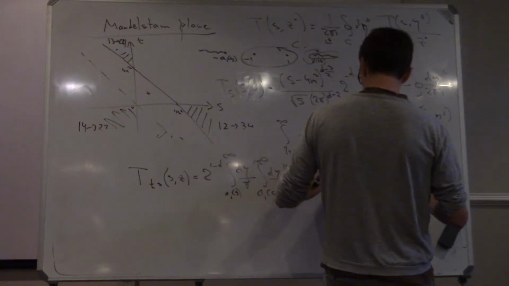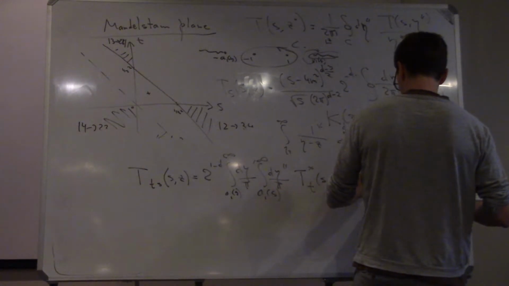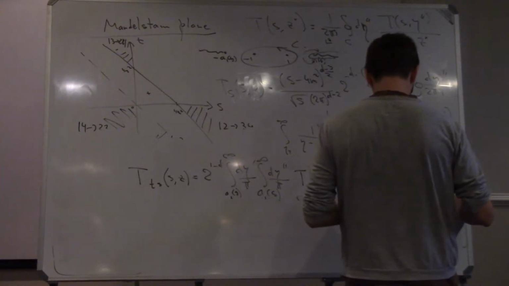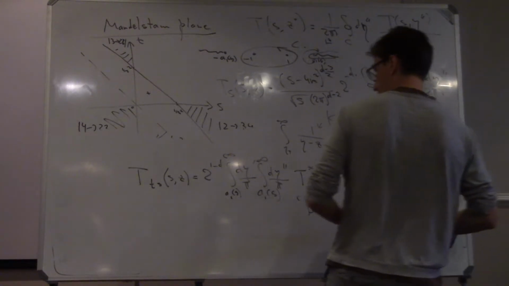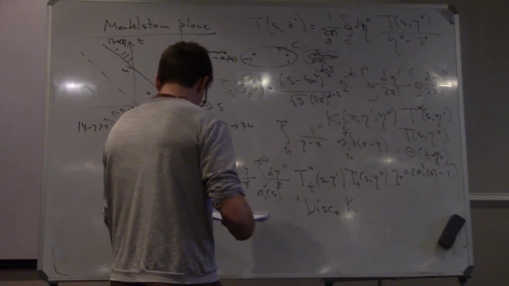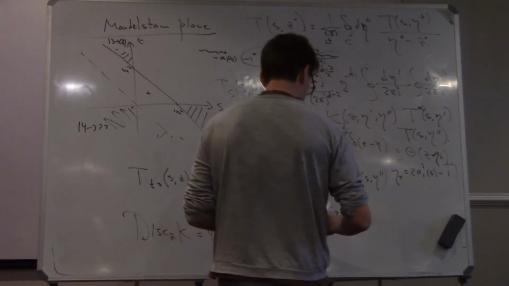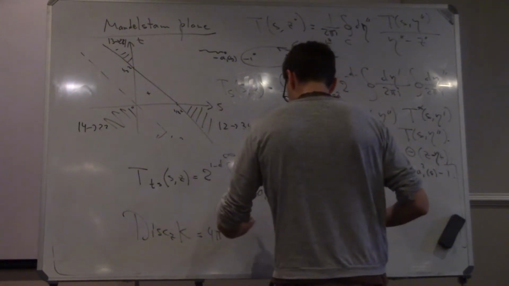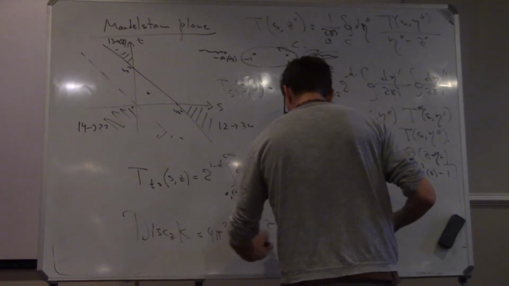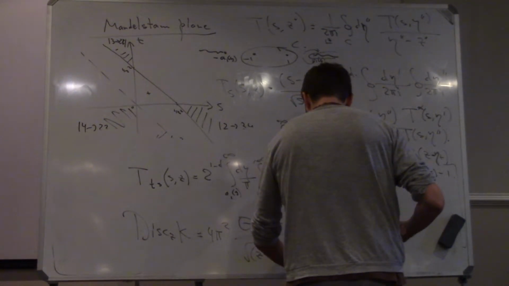So we have this beautiful formula times the discontinuity in Z. Where the discontinuity in Z of this kernel is 4 pi squared, as I told you, theta function of Z minus eta plus. And here you have Z minus eta minus, Z minus eta plus.